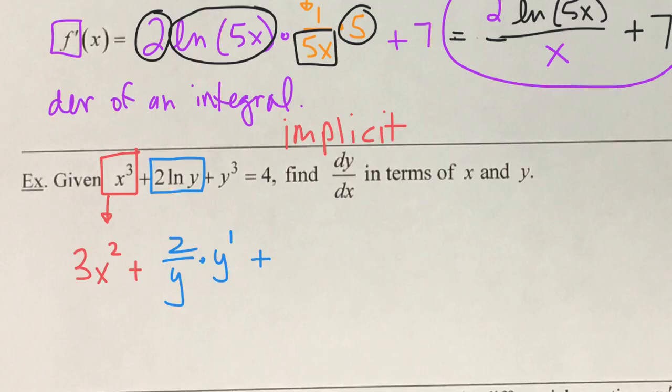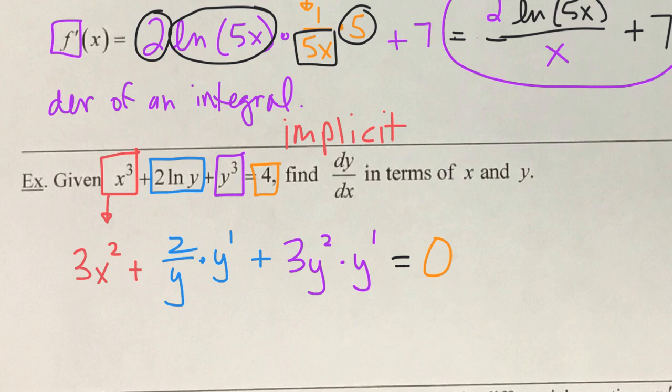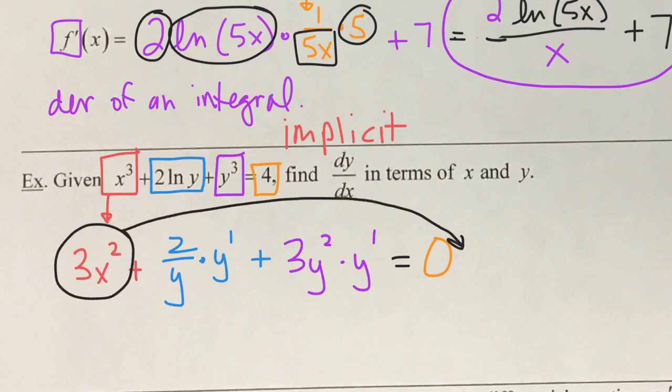Okay, plus, what's the derivative of y cubed? 3y squared times y prime again. Very good. Equals, the derivative of a constant is 0. So now we want to solve this equation for y prime. So our first thing is, move our 3x squared over here as a minus 3x squared.